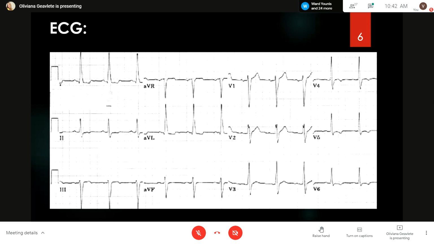That's it? Left axis deviation, I agree. What else?